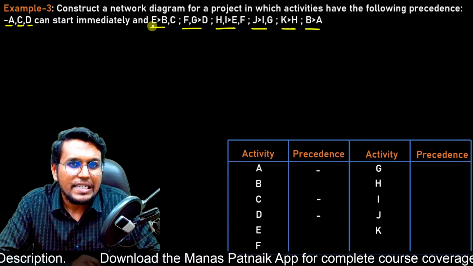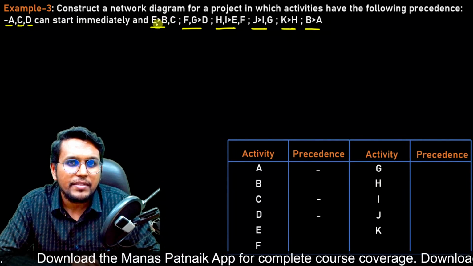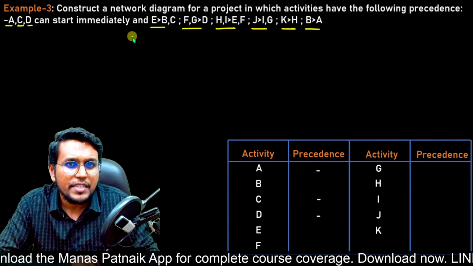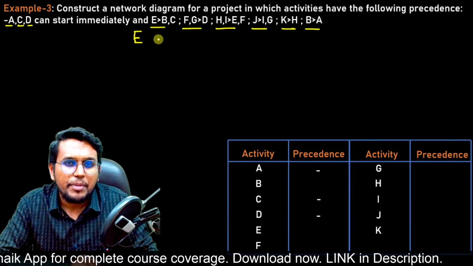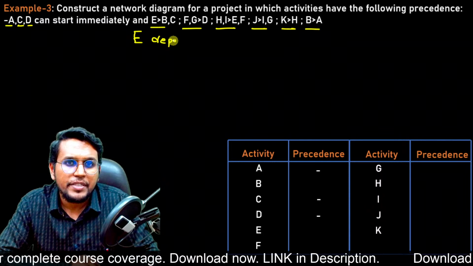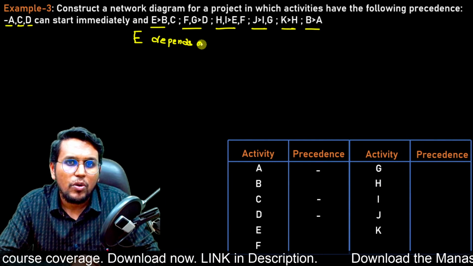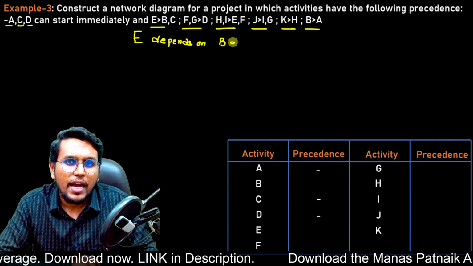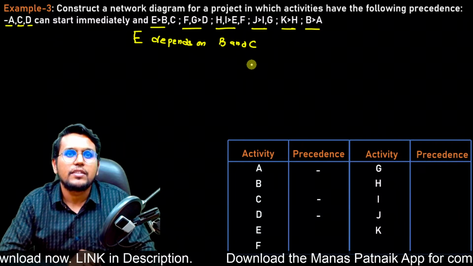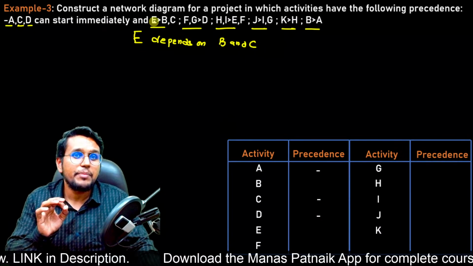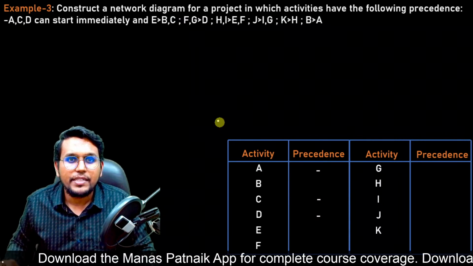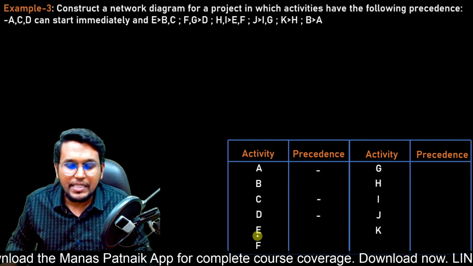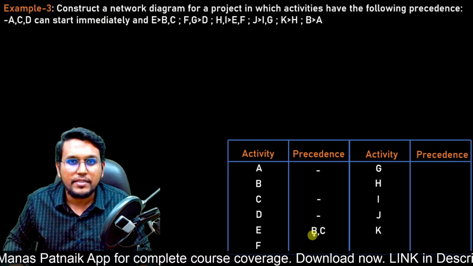Now as we see here, E is greater than B and C. This shows that activity E depends on B and C. So activity E depends on B and C. This is what it means. So let us write B and C in front of activity E.